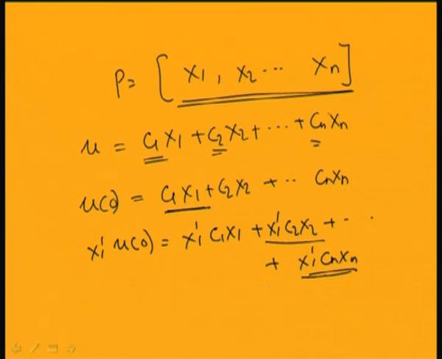So, here I can write u0 equal to C1 x1 plus C2 x2 plus Cn xn.